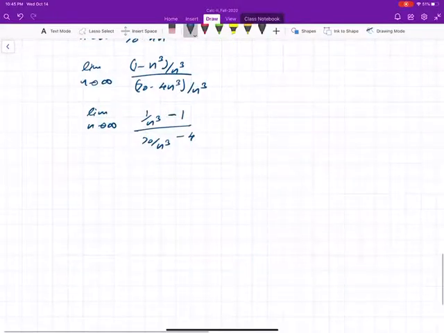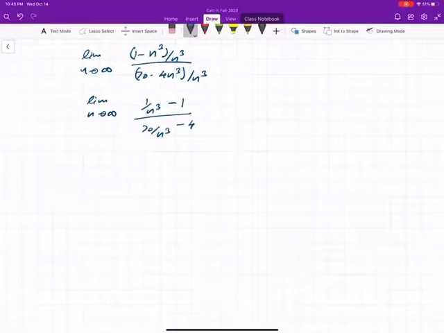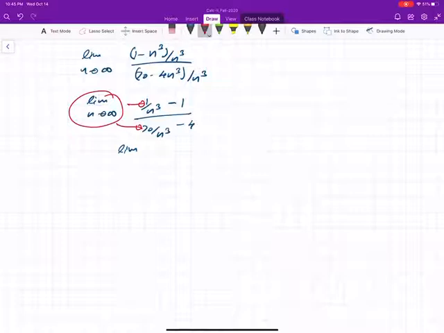Now you're going to apply the limit. You can bring the limit to that part and this part separately. So you write limit n goes to infinity, 1 over n to the power 3 minus 1.